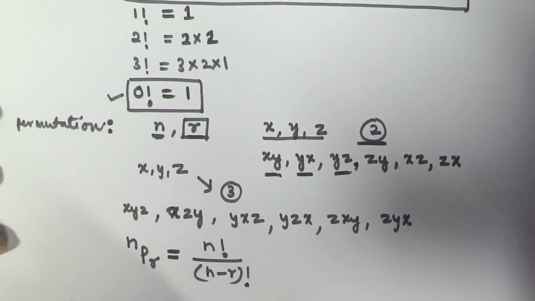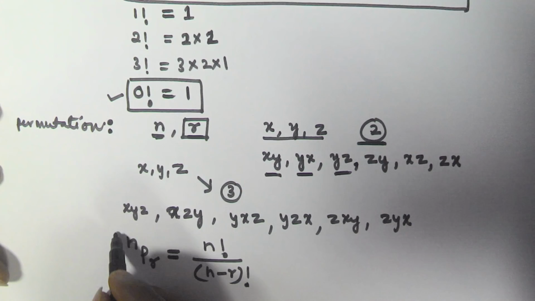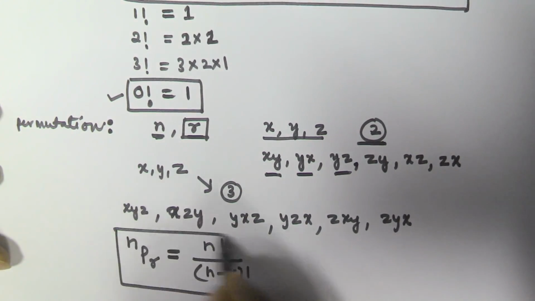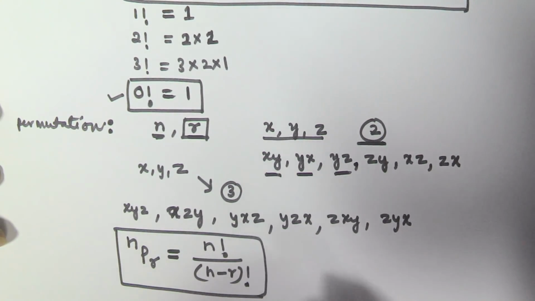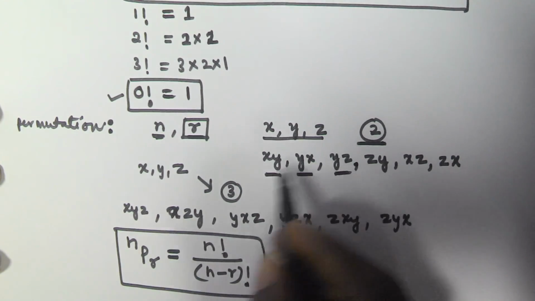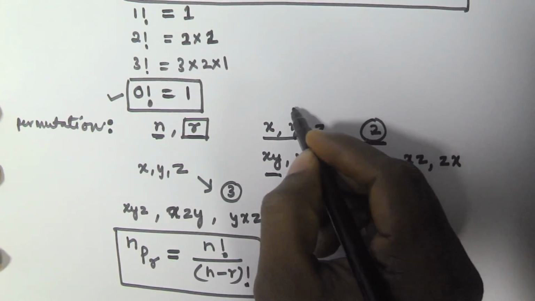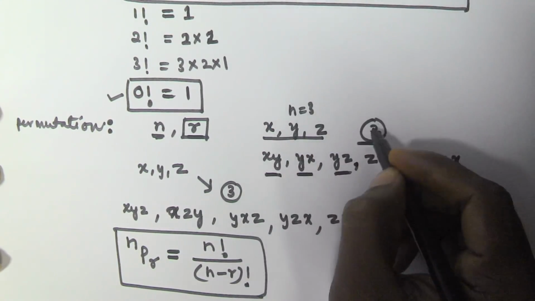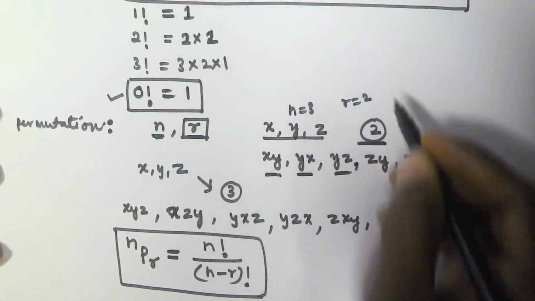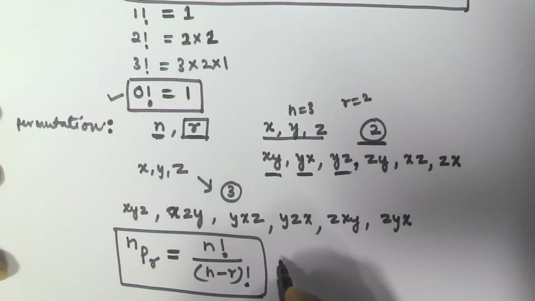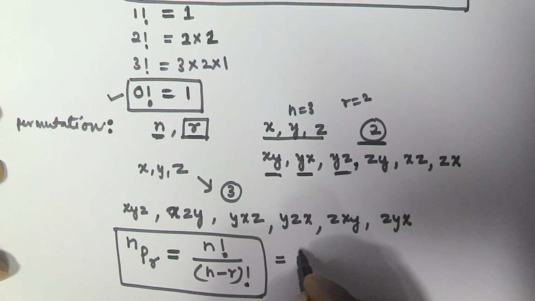Let us check: here n is 3 and r is 2. We substitute and should get 6. So that is 3P2.